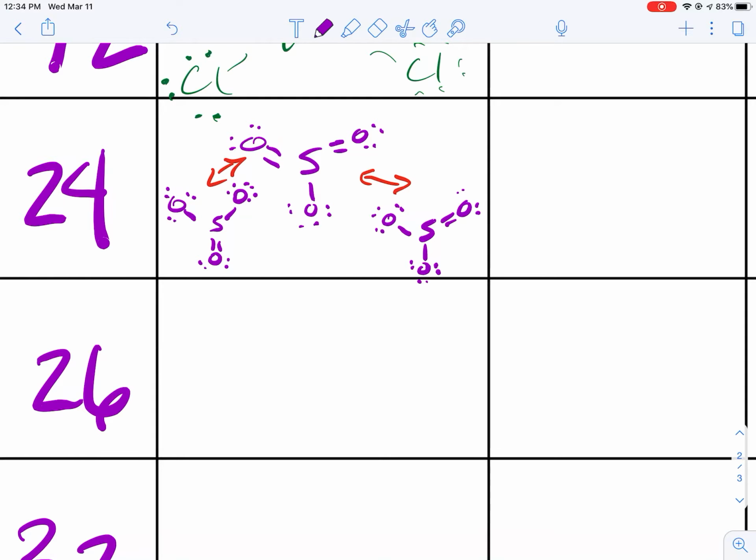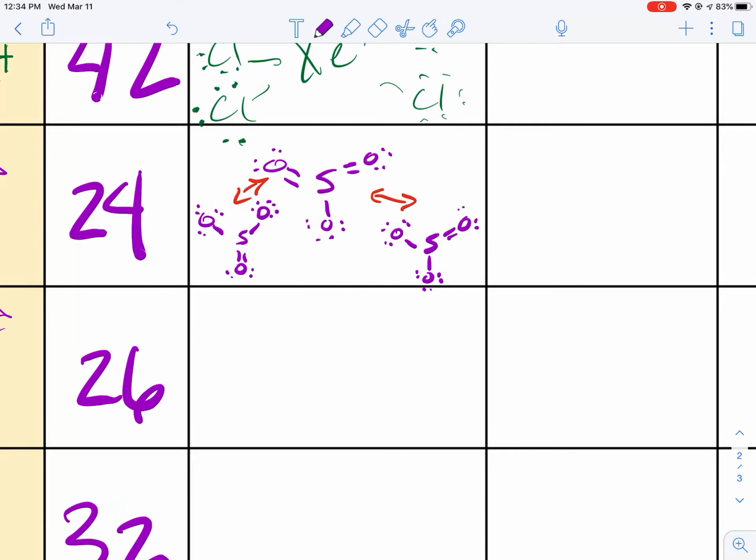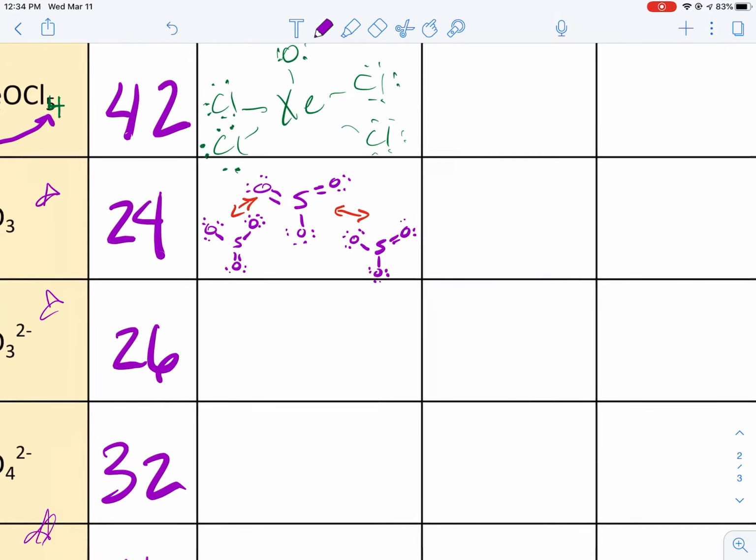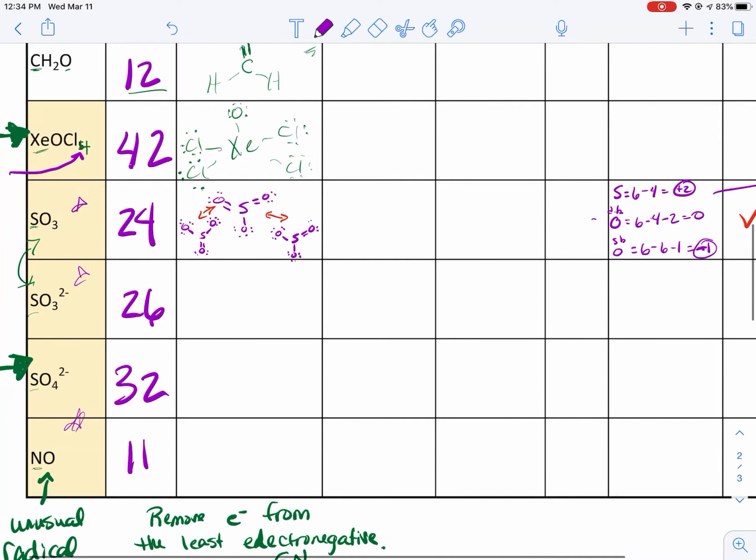I am not increasing or changing any of my electron counts. I've just added an extra one to the bond. So now I have 2 oxygens that are double bonded, and only 1 that's a single bond. And my sulfur count is now 6 minus 5 minus 0.